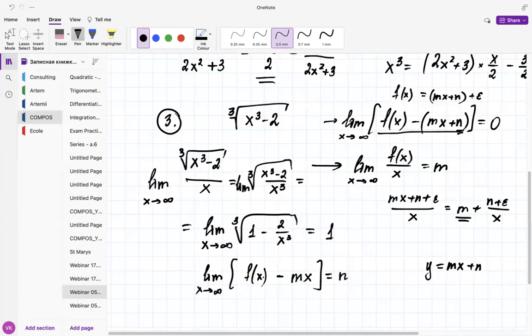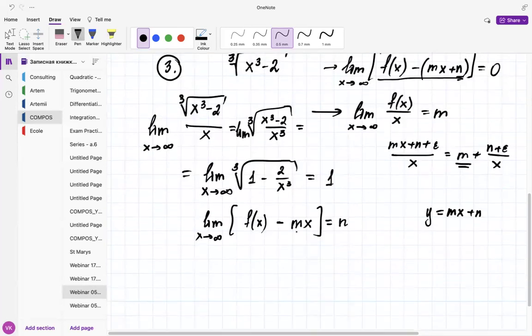So as we've split this definition, we now can use those two ways of finding our coefficients. So let us move here. What do we know? We know that my m is 1. We know that my function is, again, cubical root of x cubed minus 2 divided by x, and minus x, right?